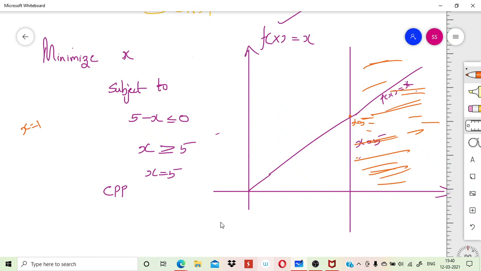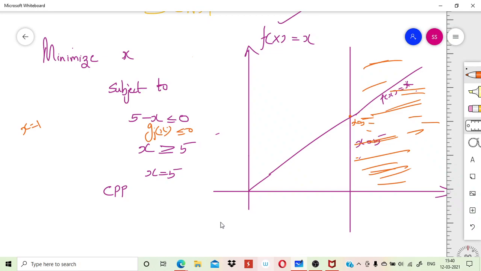This is our standard form, right? Gj of x less than or equal to 0. So this constraint is violated. In that case, we will go for the exterior penalty function method, which can be applied to this problem.